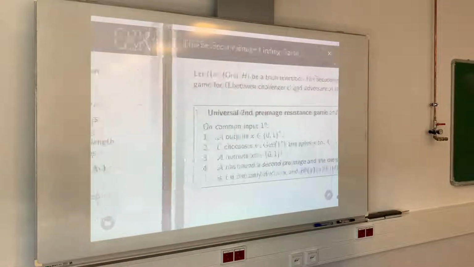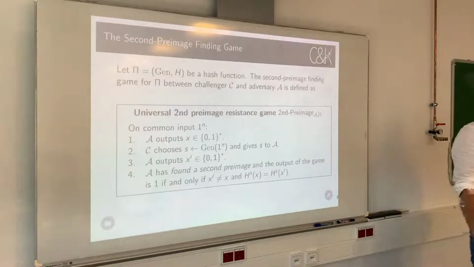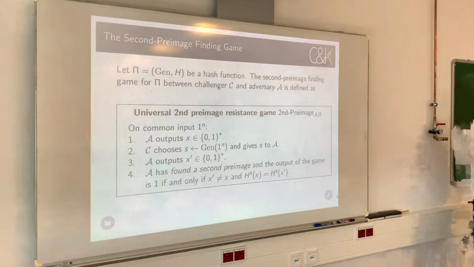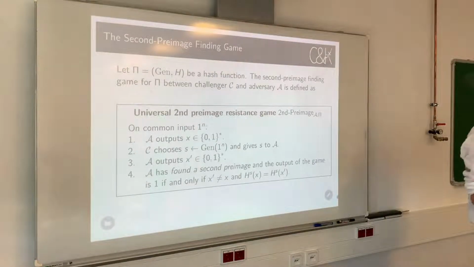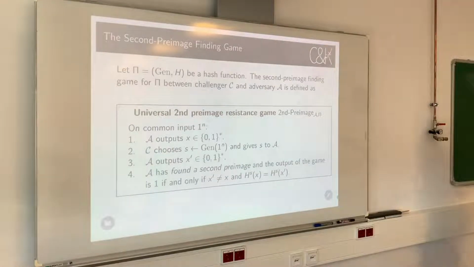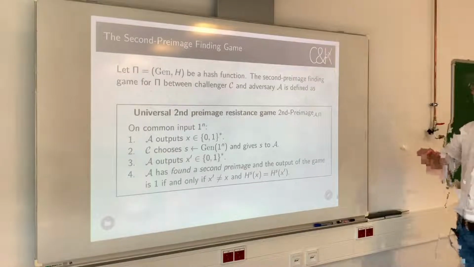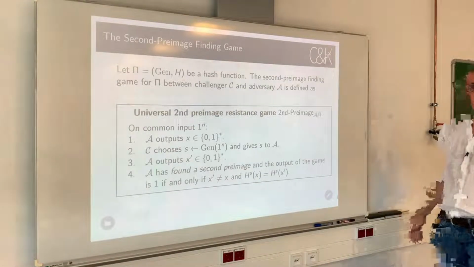universal one-way hash functions. And you remember our security game for hash functions, the collision-finding game. The attacker had to find two pre-images that map to the same hash value. For the universal one-way hash functions, we modify that a little bit. We give the adversary a little bit more power. And that is then defined by the so-called second pre-image finding game.